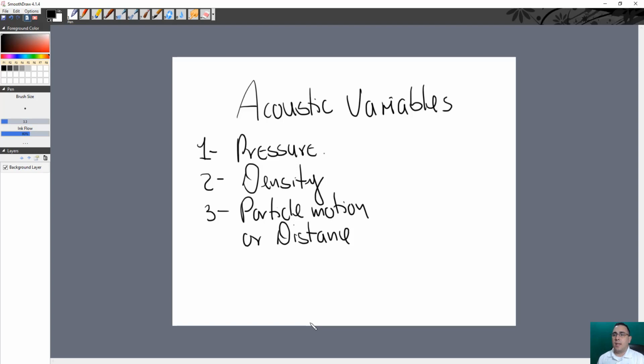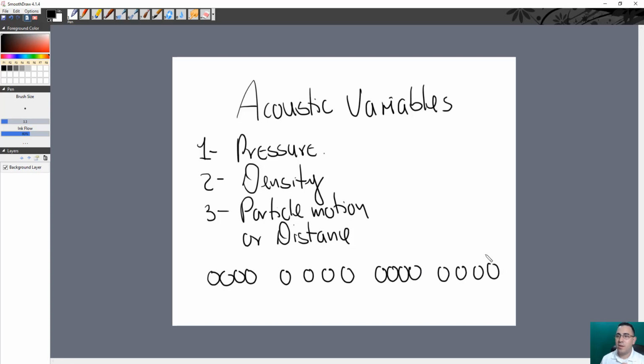As you can see, if we go back to this explanation of compressions and rarefactions, those variables are constantly changing. They have this rhythm where sometimes pressure is high and then pressure is low, then high, then low.